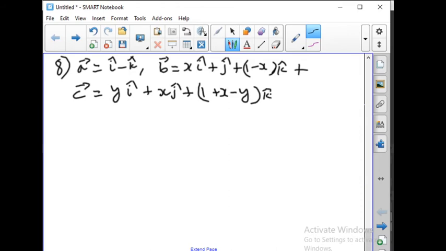Show that the box product of A vector, B vector, C vector depends on neither x nor y.